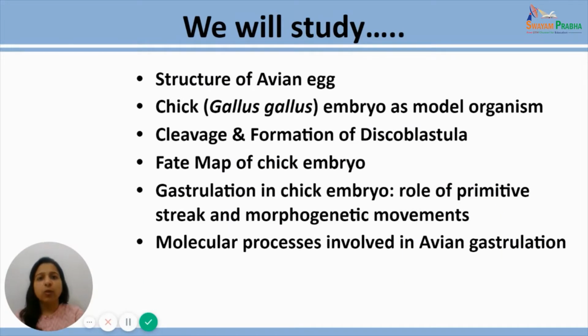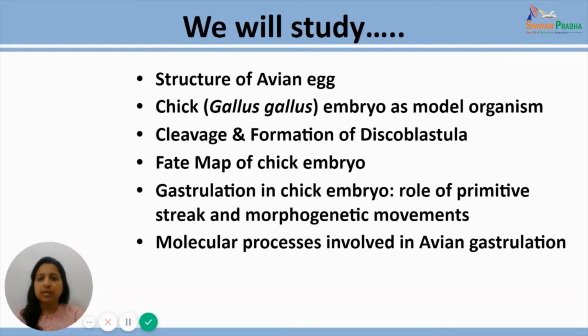This is how we will go about in today's lecture. First, we will study the structure of avian egg. Then we'll discuss why the domestic chicken embryo or the Gallus embryo is used as a model organism preferably for developmental studies. Then we'll also discuss the cleavage and formation of blastula. Here in chick embryo, the blastula is discoblastula.